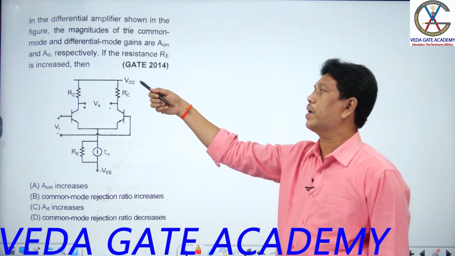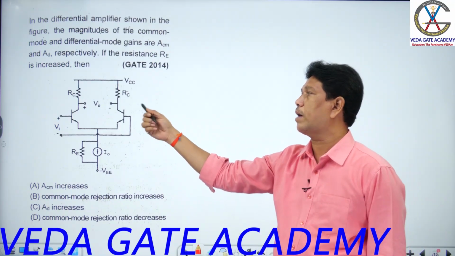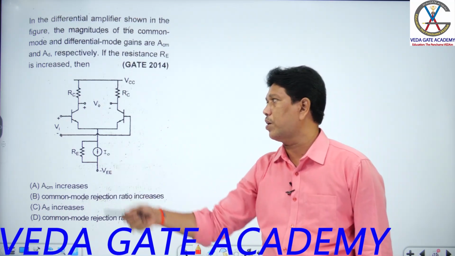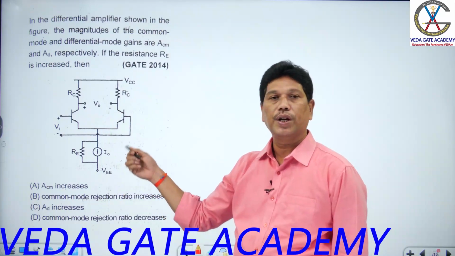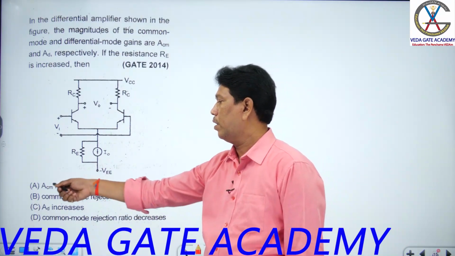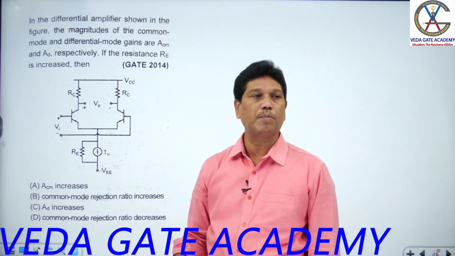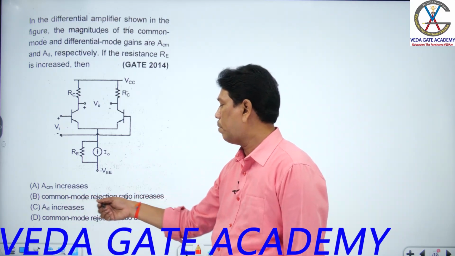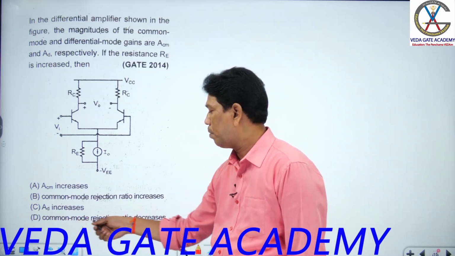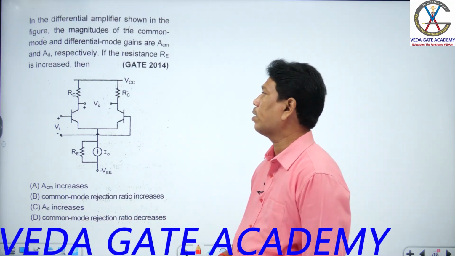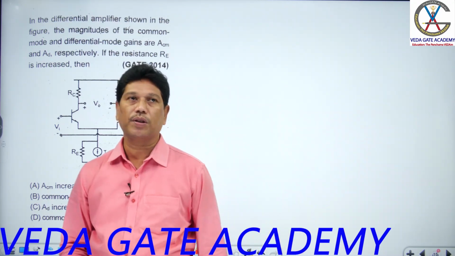If the resistance RE is increased in this differential amplifier circuit, what happens? ACM increases; common mode rejection ratio increases; AD increases; common mode rejection ratio decreases. Four options are given.